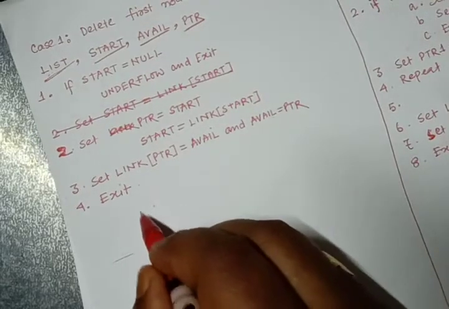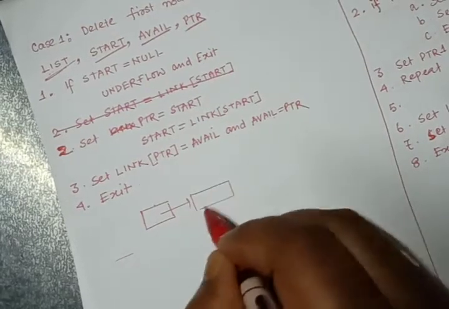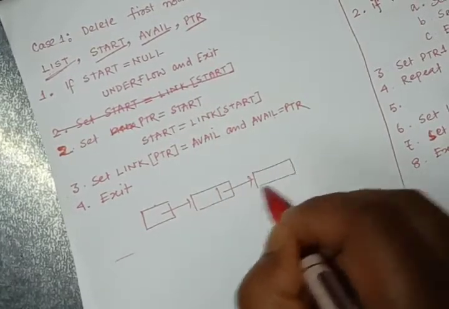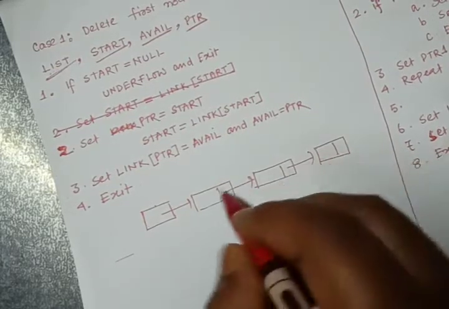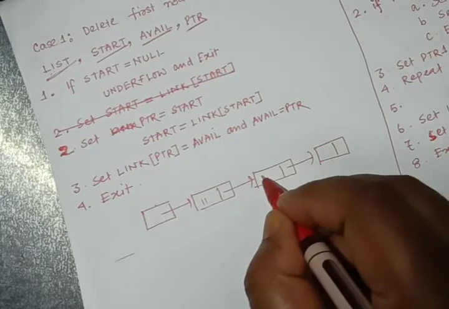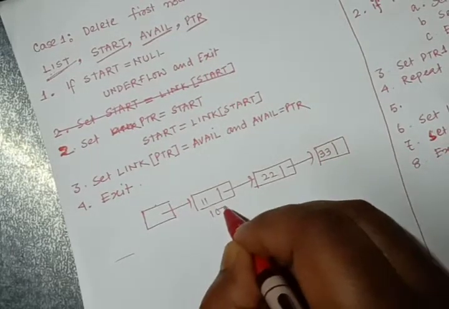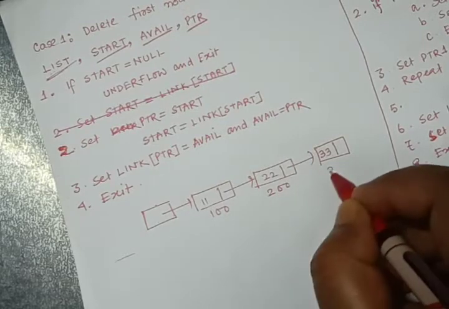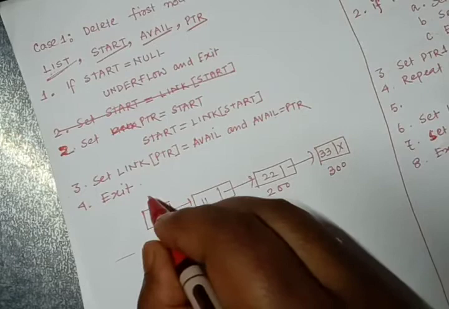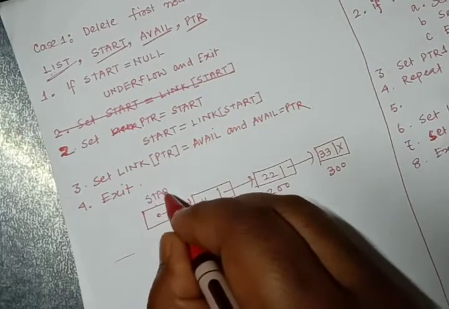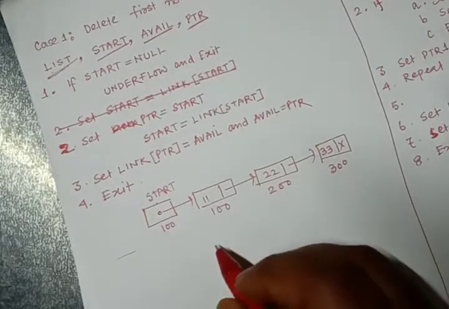Suppose this is the list which is in memory, this is the used list, and in this list there are 3 nodes. Suppose these are the informations, these are the addresses of the node, this is the end of the list, and this indicates the starting address of the node, and this is 100.